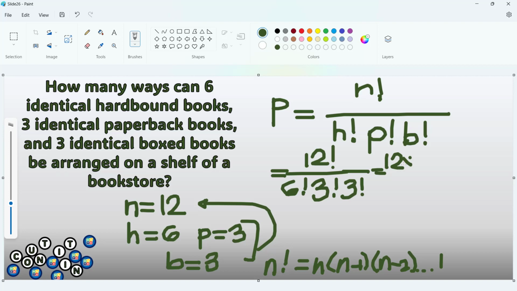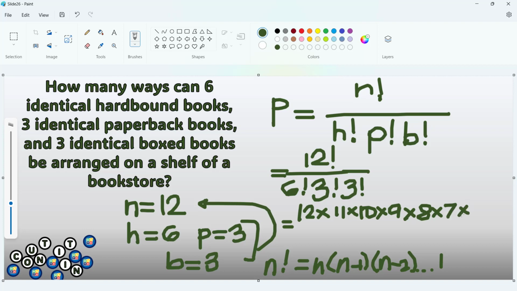12 times 11 times 10 times 9. I don't have much space, so let me do it again. 12 factorial is 12 times 11 times 10 times 9 times 8 times 7, but let me stop at 6 factorial.